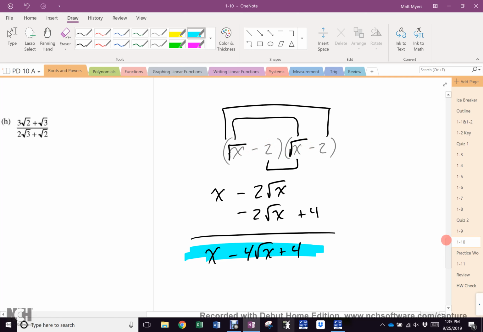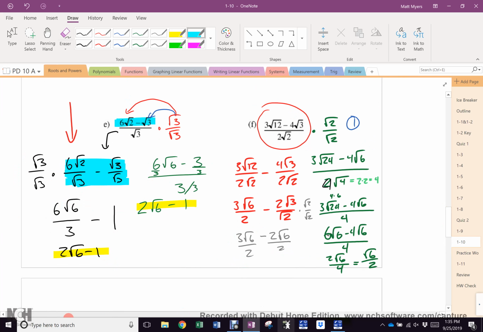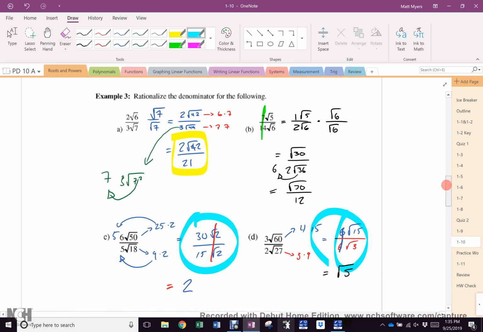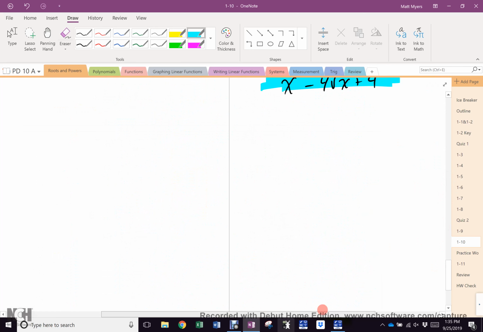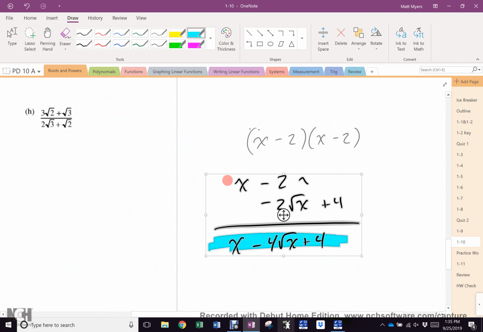Why are we doing it? To get rid of a radical. Did I get rid of a radical? No. So, obviously, it will not work to do the same thing.